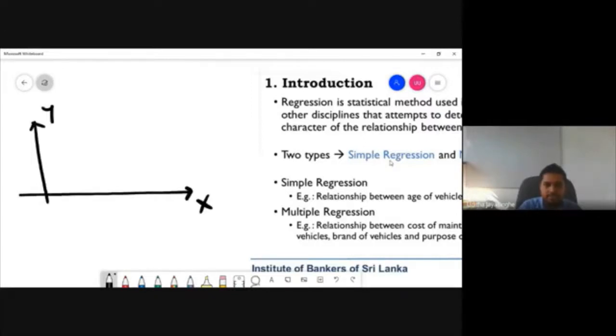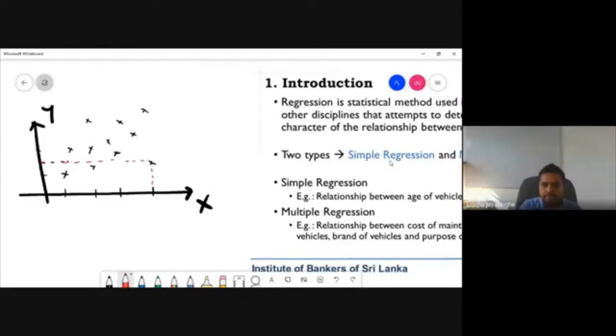Like in any other instance, once you plot the individual data points like this, we call this a scatter diagram. Why it is scattered is because the data points are at different individual levels. For instance, if this is one particular data point I'm going to discuss with you all, this is the data point.